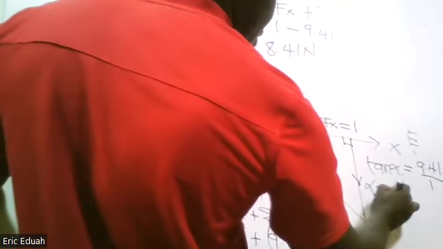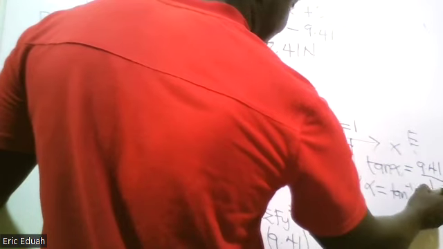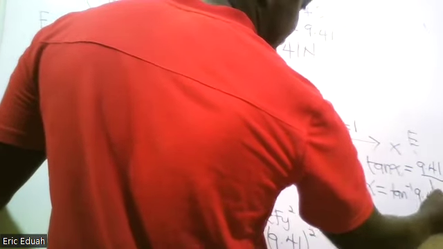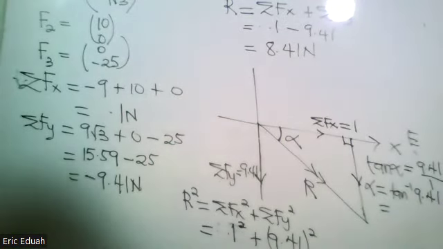Alpha, therefore, is equal to the tan inverse of 9.41. And what's the tan inverse of 9.41?